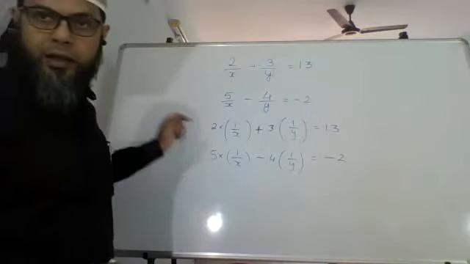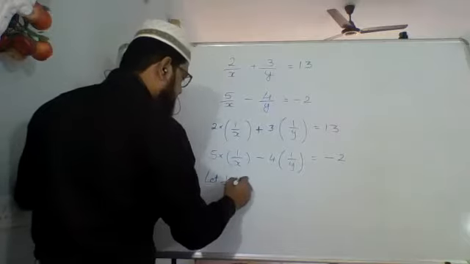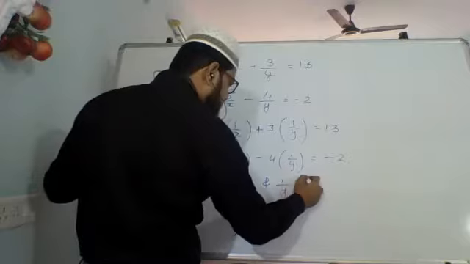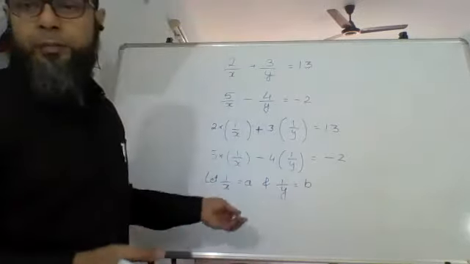Yes. Now I'm going to say, let 1 upon x equal a and 1 upon y equal b. It's not necessary to use a and b. You can take m, n, l, p, whatever.